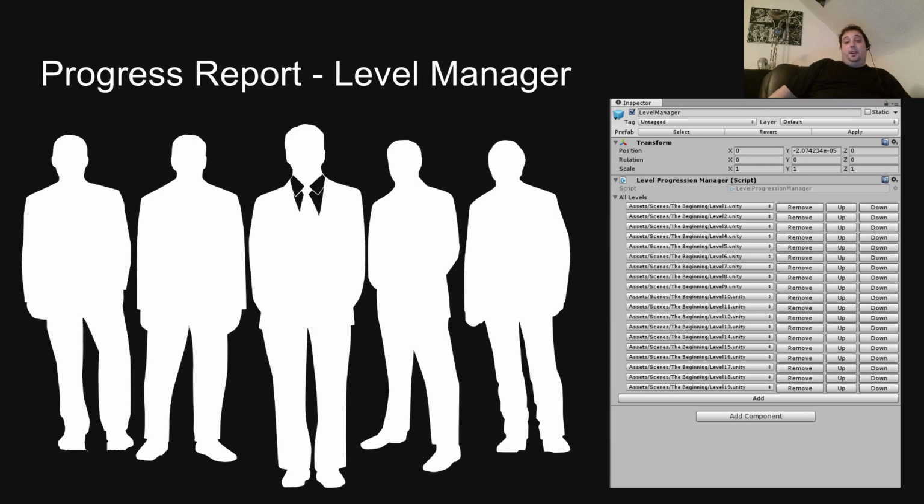Last week I finished, the week before I already worked on this, but last week I finished the level progression manager, which is basically a level manager, where I can just sort which levels will come after which. What I did before was that in each level I just pointed to the next level, which had a couple of problems.